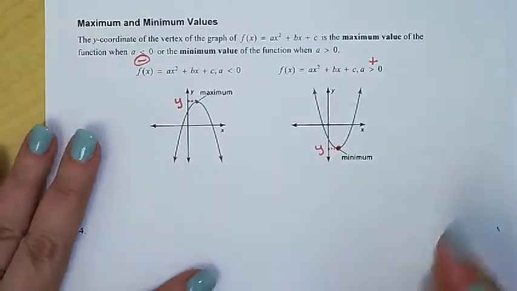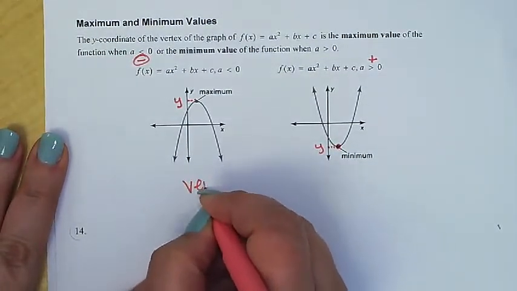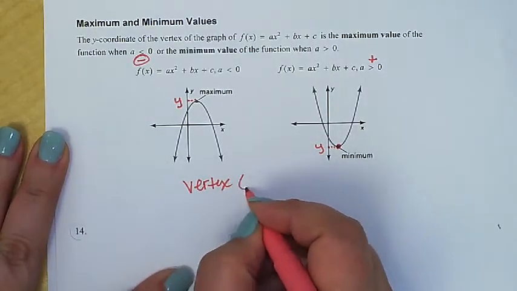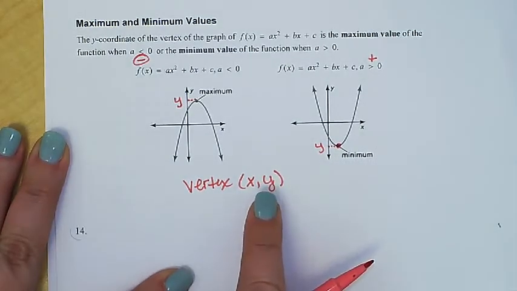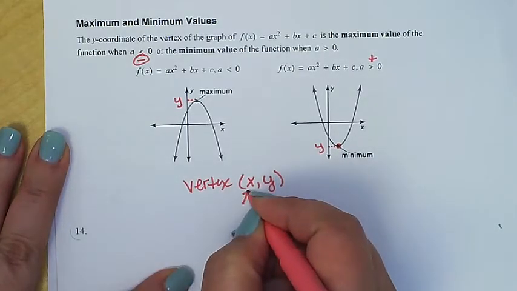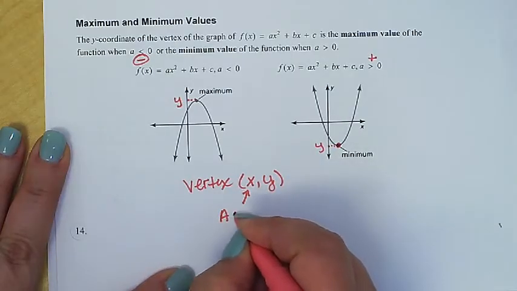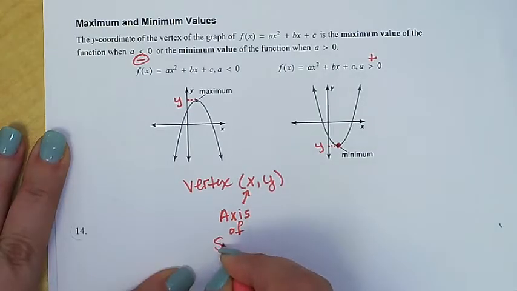So if we summarize how that vertex is so powerful, not only does it have a very important job in most word problems, but that vertex is a very information-rich point. When you know the vertex, you'll always know that the x-coordinate of that vertex is always going to be the same as our axis of symmetry.